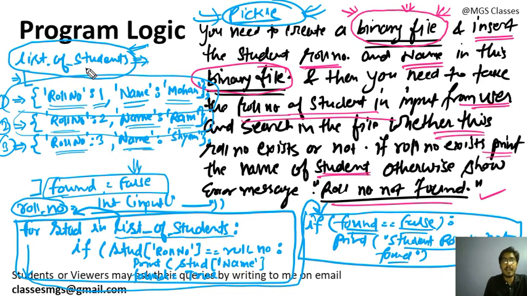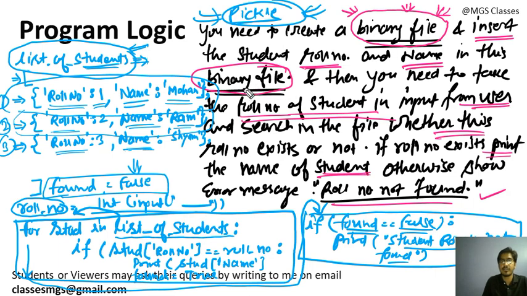Now you should know how to insert this key value pair into the list of students. You should also understand this program, so that you can insert the student data into the list as key value pairs, and then we will understand the pickling concept.